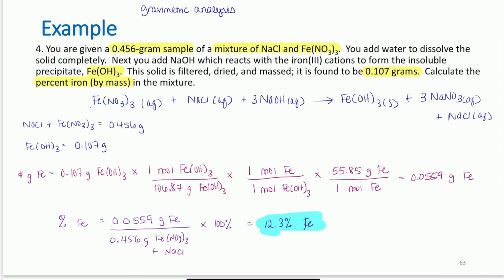So if I had a 0.456 gram sample and had a mixture of sodium chloride and iron 3 nitrate, I dissolved that sample in water completely, added hydroxide. The iron 3 cations react to form insoluble precipitate iron 3 hydroxide. I collect that solid, I filter it, dry it, and I weigh it, and I find it to weigh 0.107 grams. That means that this original sample contained 12.3% iron.